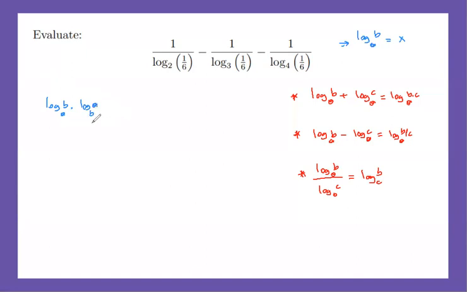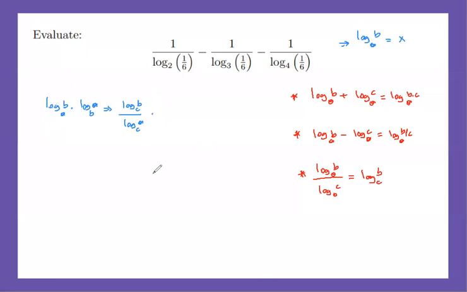Since we have two numbers, a and b, where a is the base and b is just a number, I can write this in a different base. Let's write this in base c using this relation. So I can write this as log base c of b divided by log base c of a.